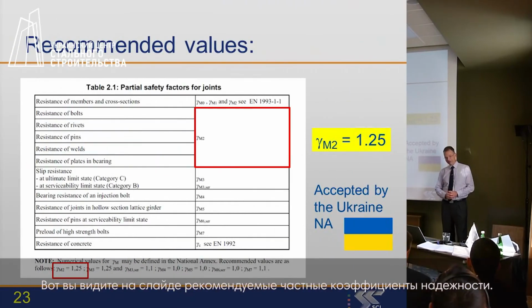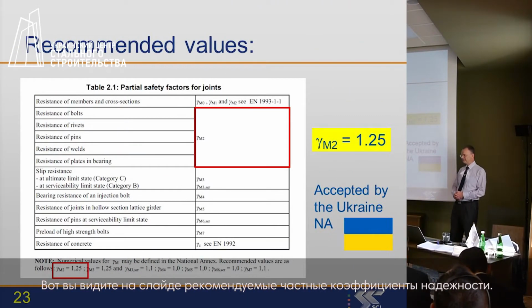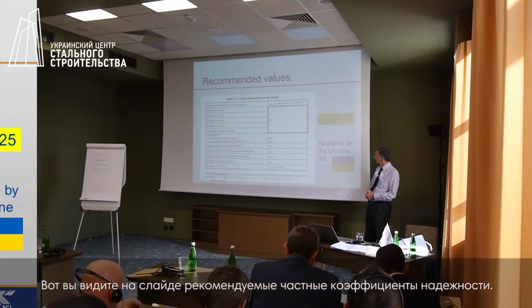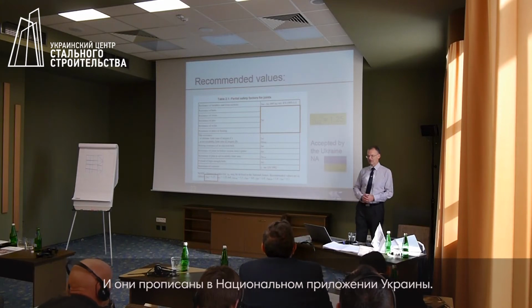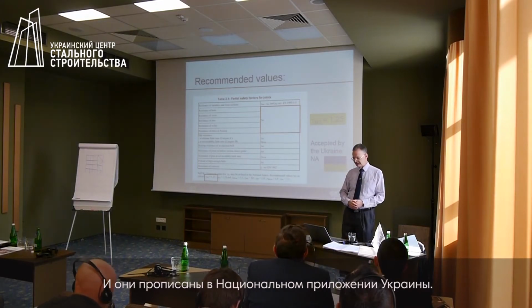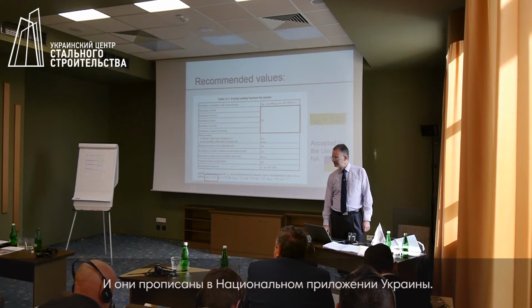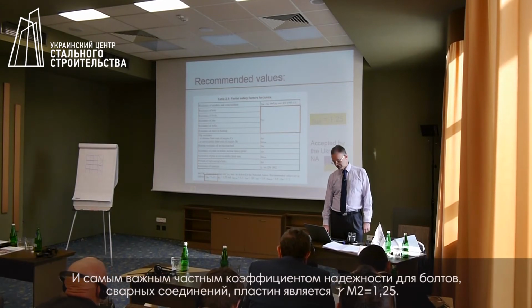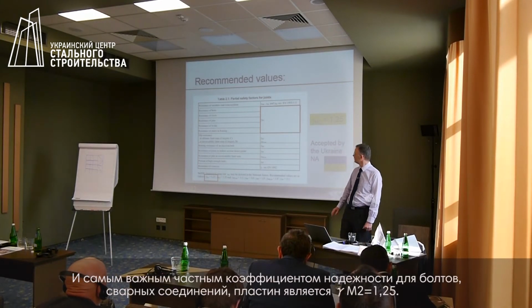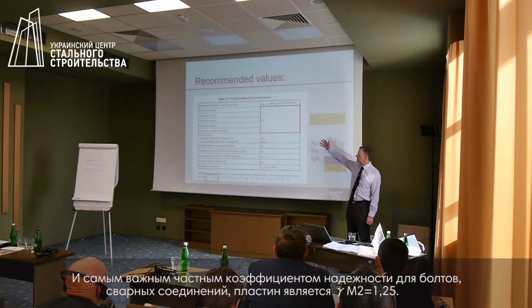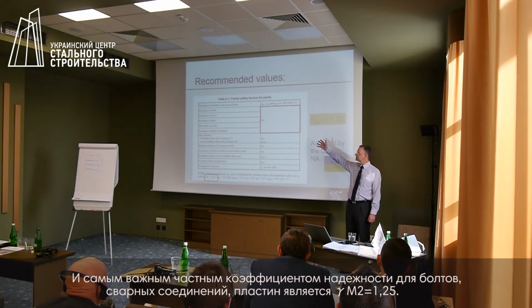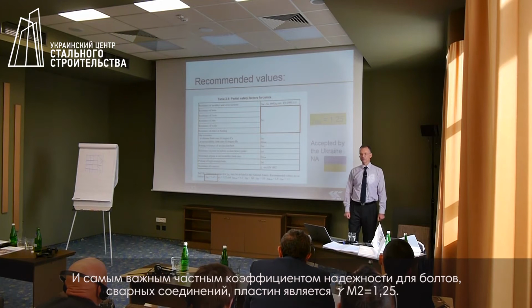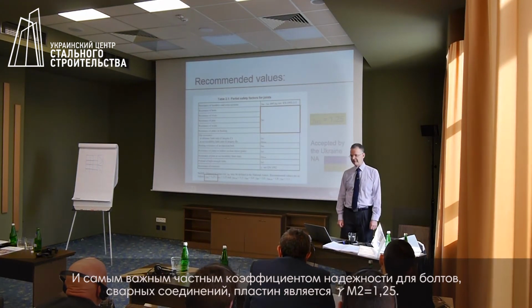These are the recommended values of the partial safety factor, and they are accepted by the Ukraine National Annex. And the most important partial safety factor for bolts, for welds, for plates is a gamma M2 of 1.25.